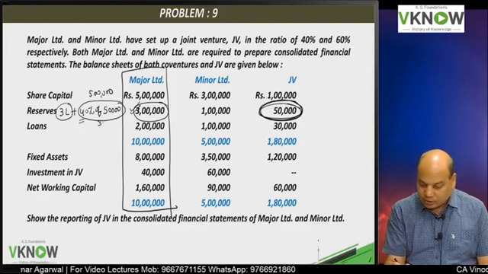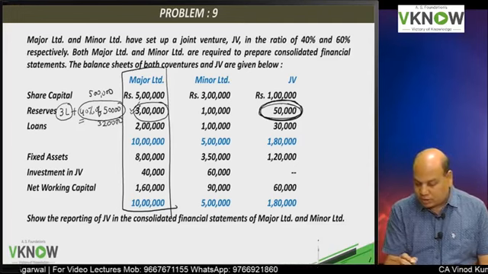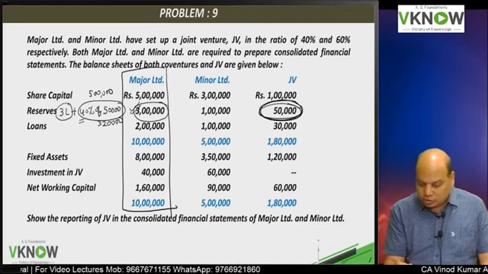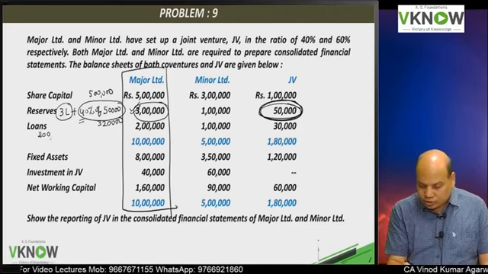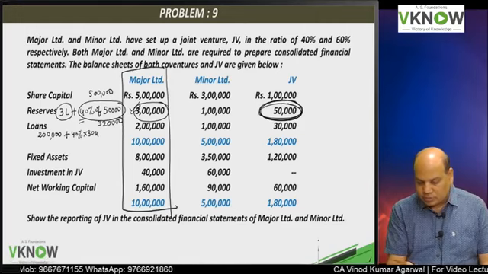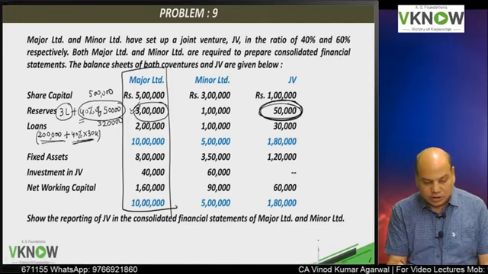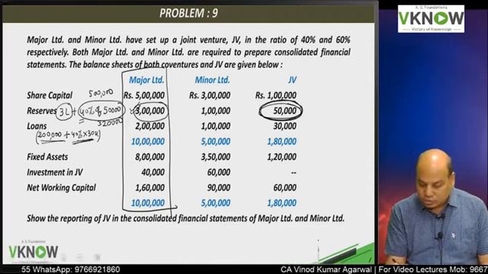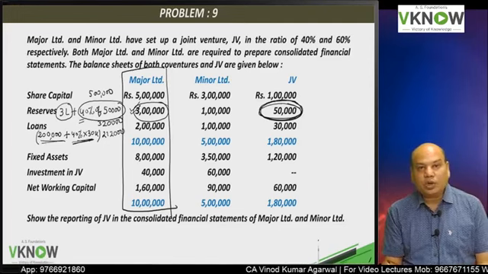So reserve will appear 3,20,000. What about loan? 2 lakh own loan and 40% of joint venture's 30,000, which is 12,000. So total loan will appear 2,12,000.